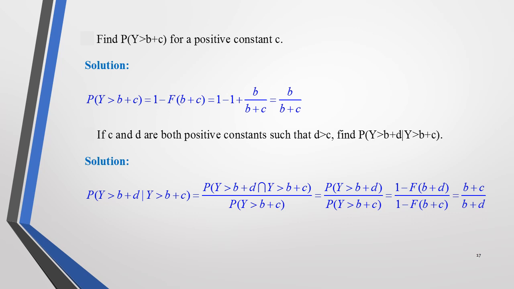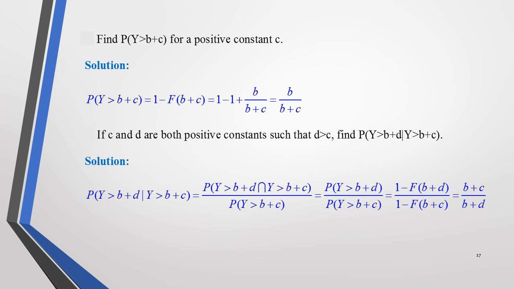So the probability of y less than or equal to b plus c will be equal to 1 minus b over b plus c. So the probability of y greater than b plus c equals 1 minus 1 plus b over b plus c. Cancel 1 and negative 1, then this probability will be equal to b over b plus c.